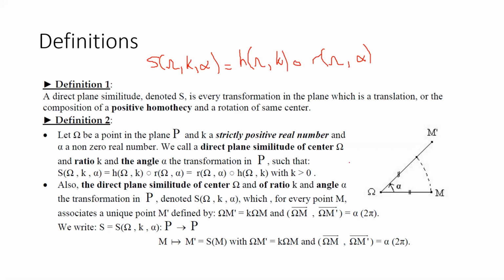Also, we have seen here, if S of M equal M prime, we have two conditions. Distance from omega to the center, omega M prime equal k omega M, without vectors. And the angle omega M, omega M prime equals alpha.